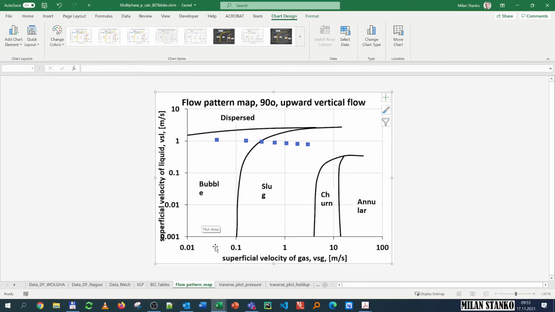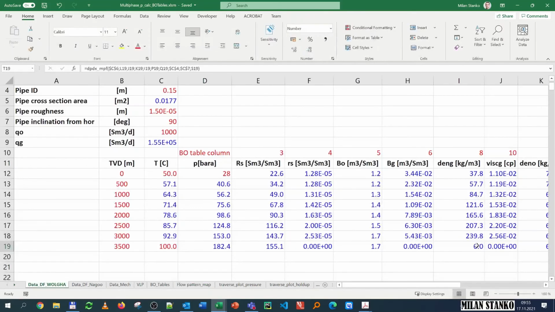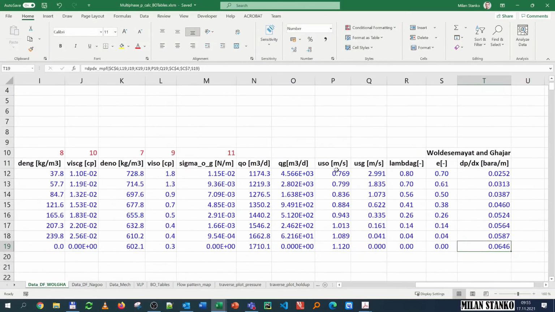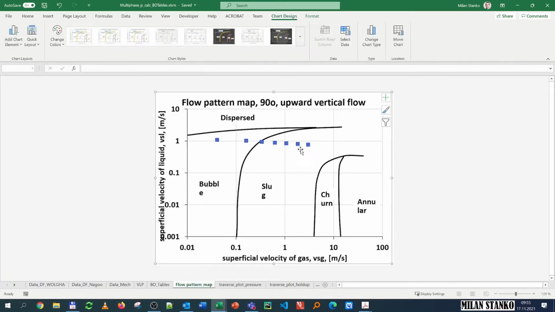For example, you see here I have plotted this series of points that are the superficial velocities of gas and liquid on the flow pattern map. Initially these are at the wellhead, but when I move down, the superficial velocity of gas goes down, and I transition from a slug pattern to a bubble flow regime, which is quite interesting.